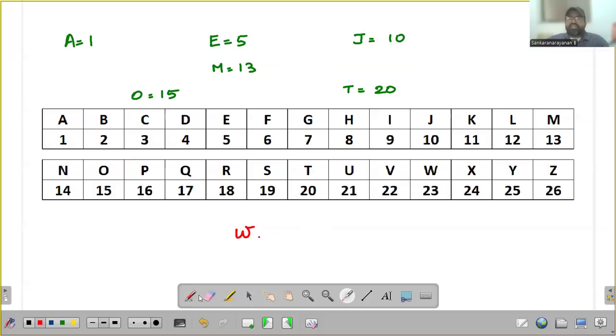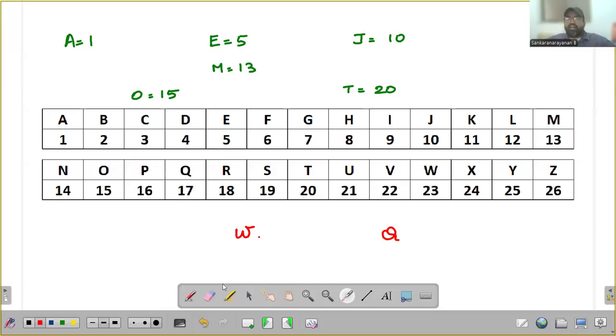Okay. Suppose I say Q. I know that Q is, O, P, Q, O plus 2. I very well know that O is 15, P, Q. So Q has to be 17. 15 plus 2 becomes 17.